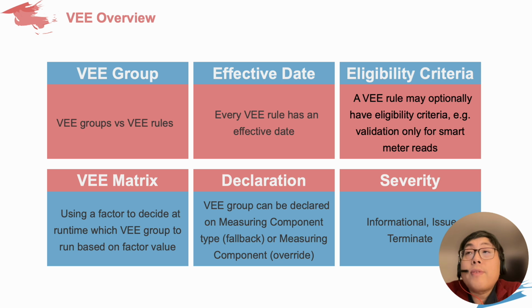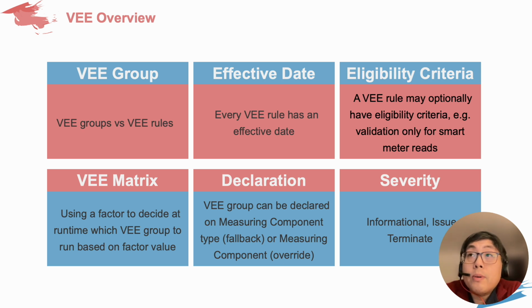Last one is the severity. If we are running a VEE validation rule and it fails, we can tell the system for a particular type of error, it's informational. For some of them, they're issues, which means the current meter read will go to issue, but it will continue. Or you will need to terminate it if there are any exceptions happening.